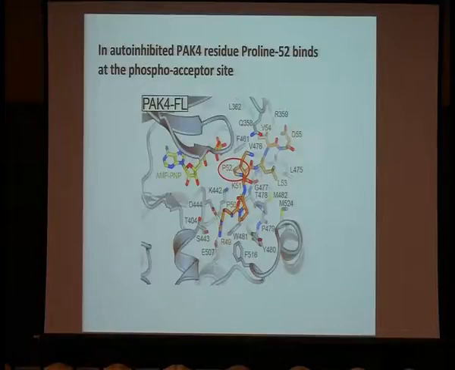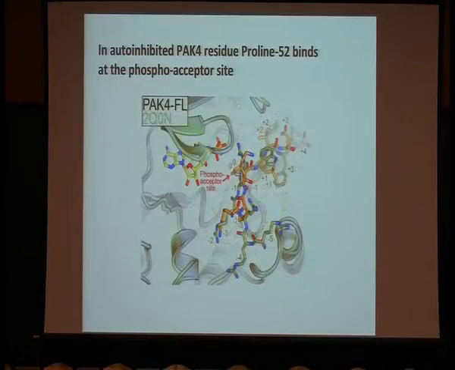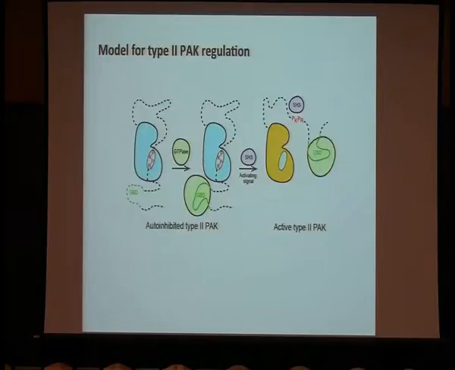So if you compare this structure to a previously solved structure by a group in Oxford with PAK4 with a known substrate, you can see that the phosphoacceptor site serine residue is actually replaced by proline. So we think this is the basis for autoinhibition of type 2 PAKs.